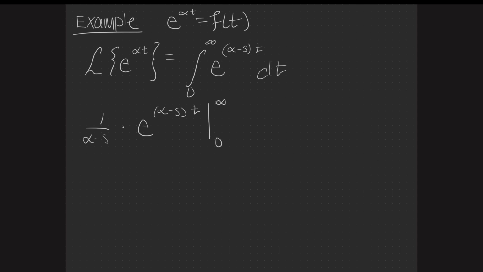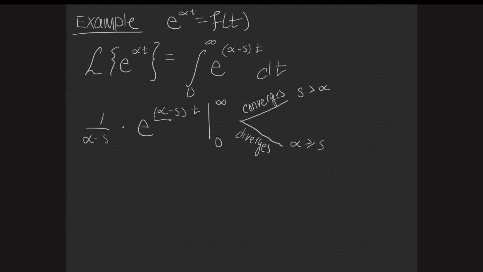If we were doing this completely properly, we would replace the infinity with some variable and then take the limit as that variable approaches infinity. Now from here we have two scenarios. One where this integral converges, and one where this integral diverges. If s is greater than alpha, then this integral will converge. If alpha is greater than or equal to s, this integral is going to diverge.